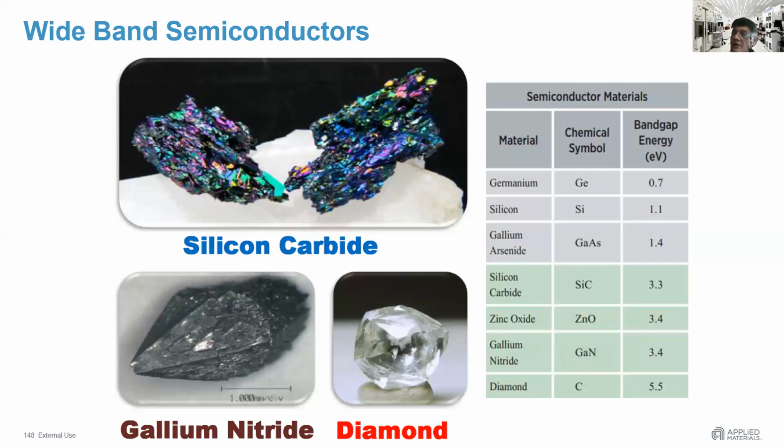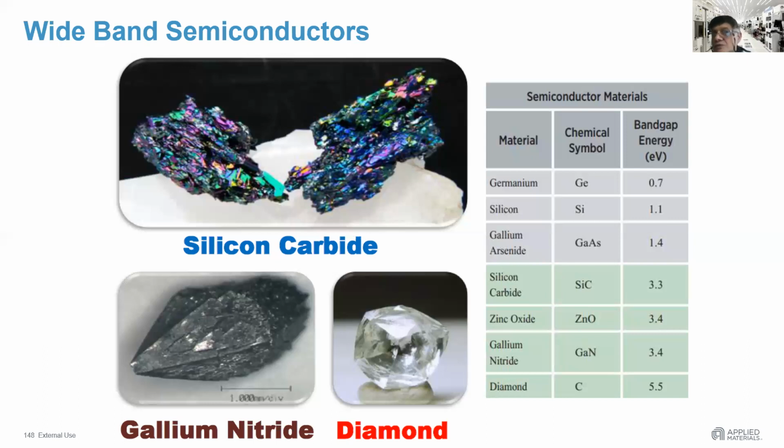So with gallium nitride and with the wide band semiconductors, you are getting devices which have higher band gap energy. Therefore, to separate that electron from them would require a higher temperature or higher electric field. And that is why they become the basis for creating devices which could be used at much higher voltages and in much higher temperature conditions.